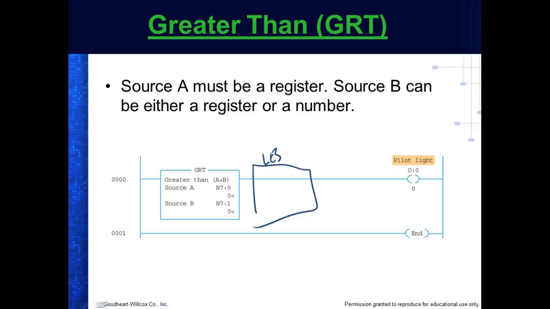Not using the same source, but if you were using a different source, could you do it? Yeah, that's a good point. So over here we were using N7:0 and N7:1, over here we were using what? N5, and N7:2.